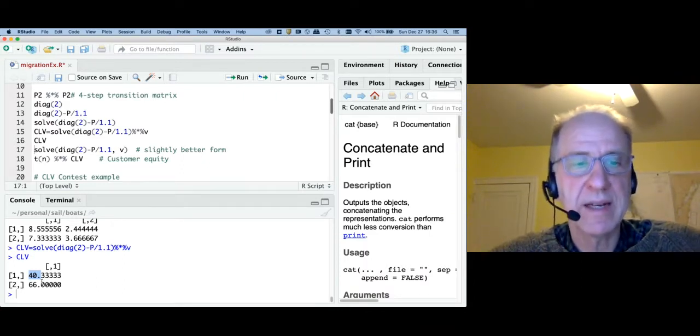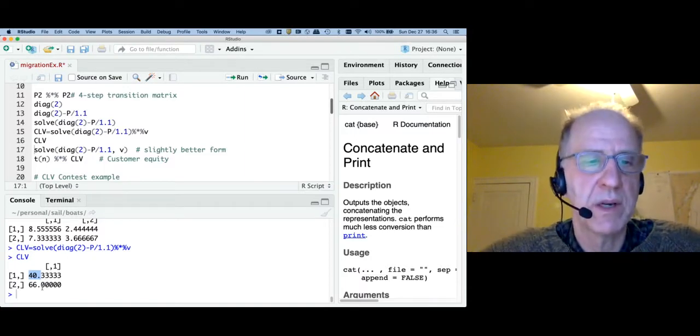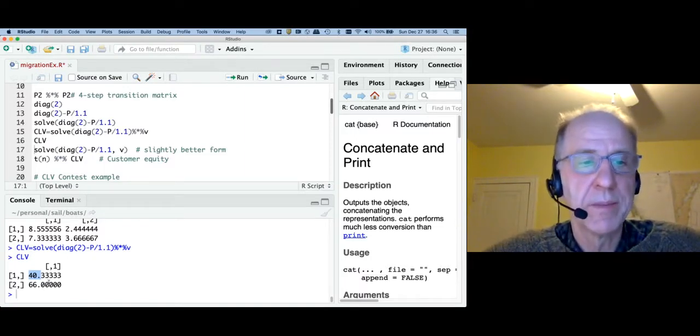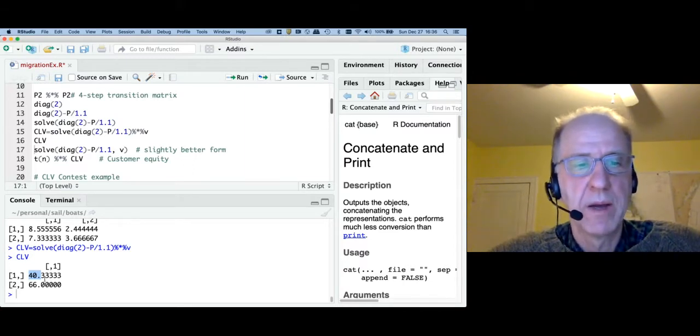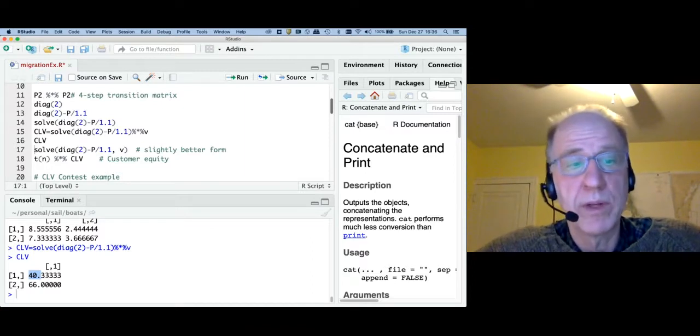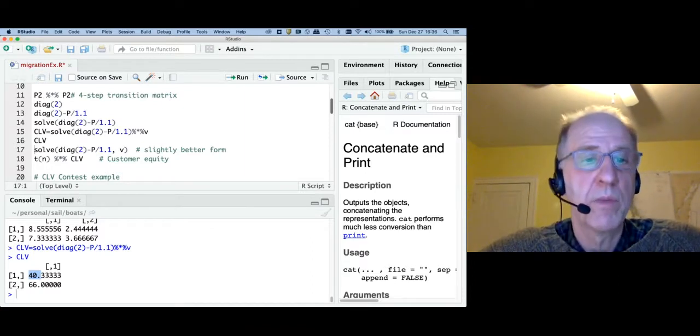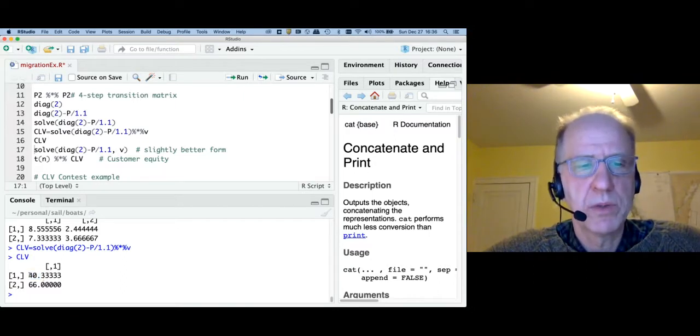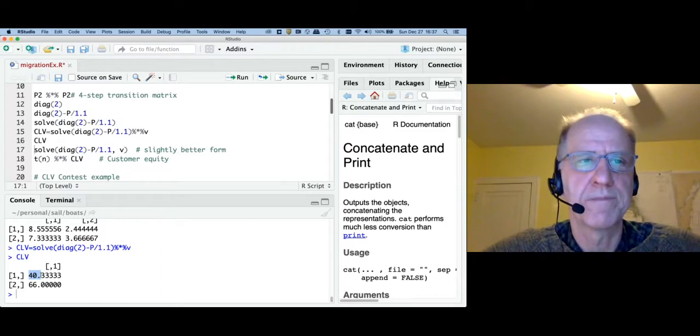So it's like you're getting an additional purchase because of what happens at time zero. You're getting a little bit more because those who are in the buy state have a higher chance of buying. And so that's why this isn't just $20. It's a little bit more than that because you're a little bit more likely to get some initial purchases. Whereas someone who starts out in the non-buy state is only worth about $40.33.